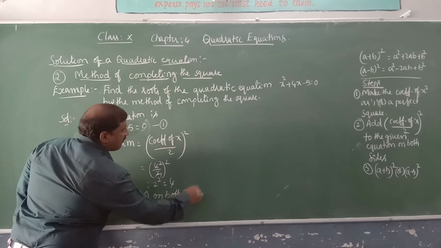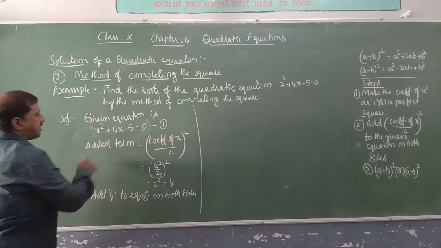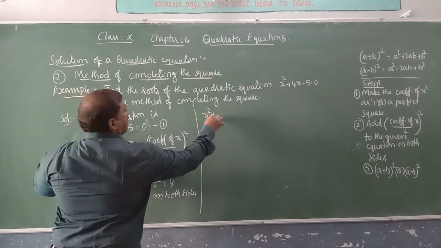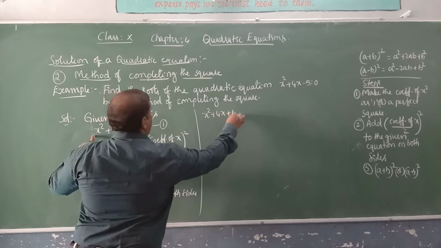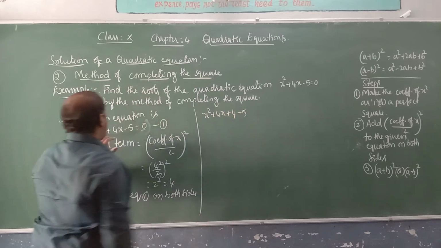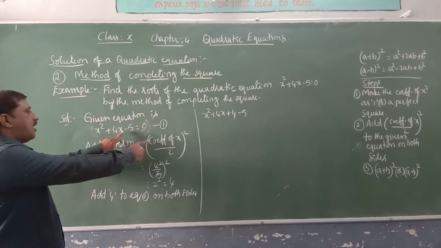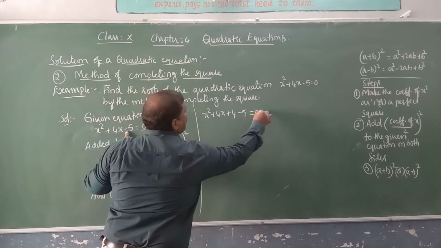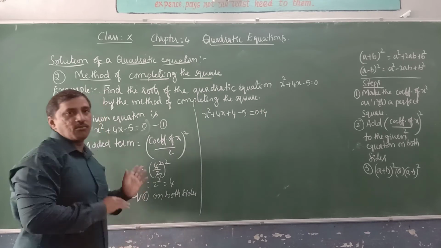So when we add 4 to equation 1 on both the sides, what we get is x square plus 4x plus 4 minus 5 is equals to 0 plus 4. I have added 4 on both the sides.